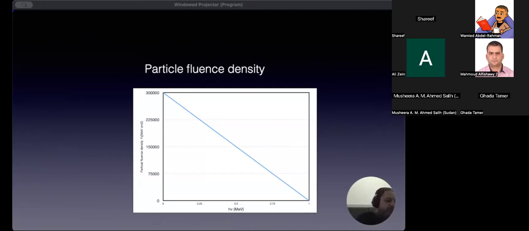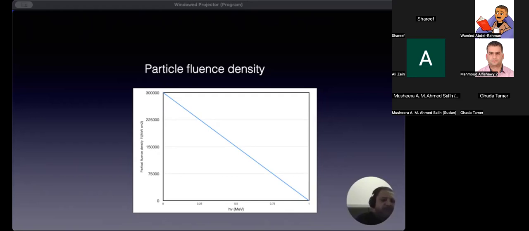Essentially, if we want to know the total number of particles using the particle fluence density, we integrate over this curve. So we take the area of this curve. We can use the integration formula, or since this is a triangle, it's the base multiplied by the height divided by 2.